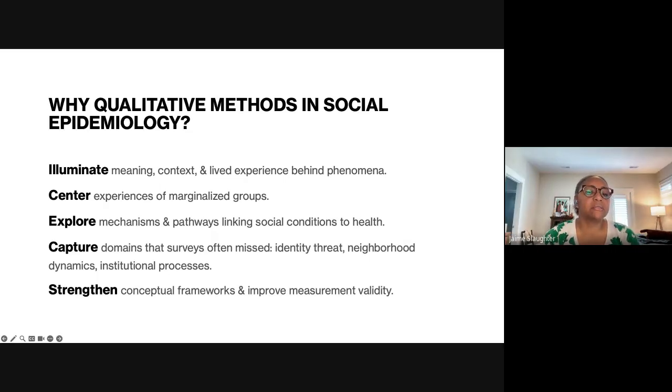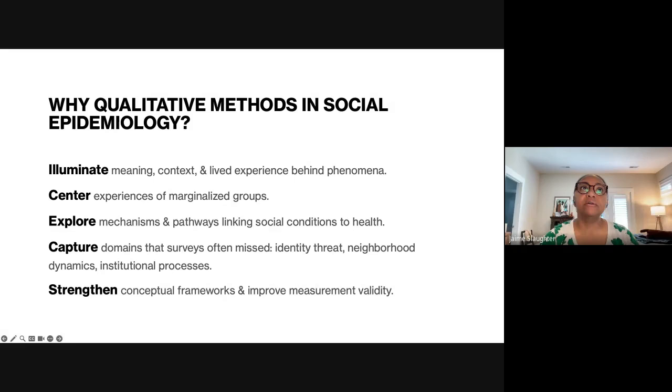Qualitative methods also help us to center the experience of marginalized groups. And this is really important when marginalized groups' voices are often excluded in research for multiple reasons.